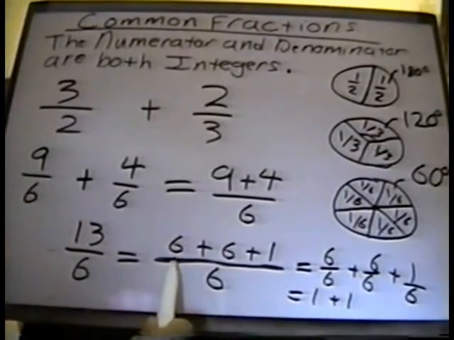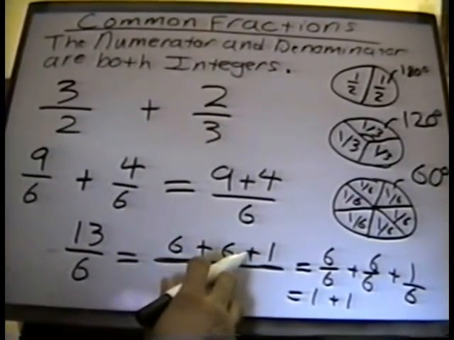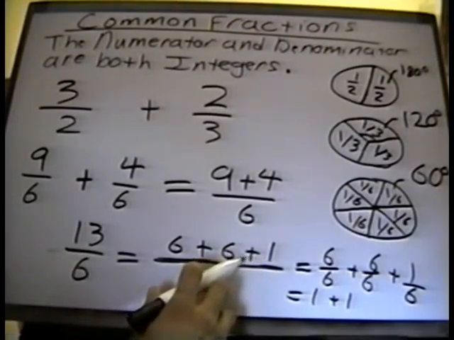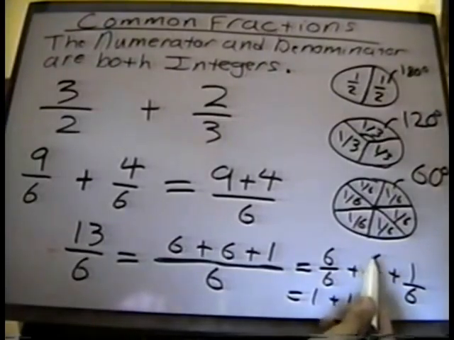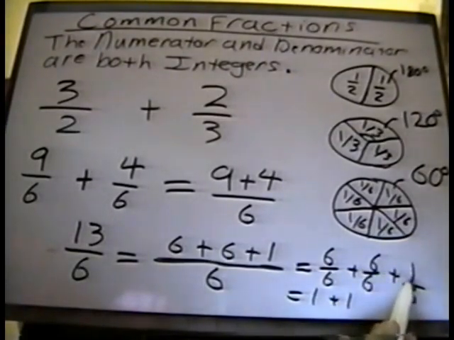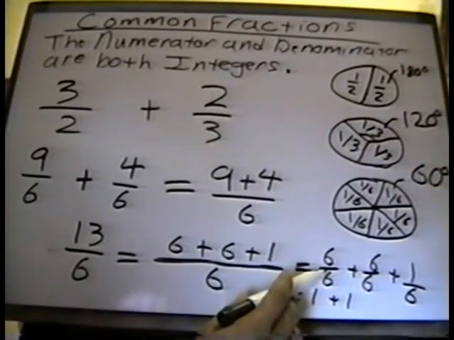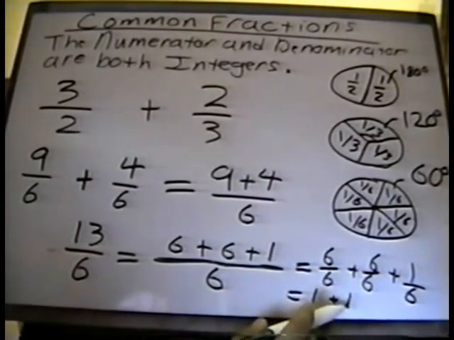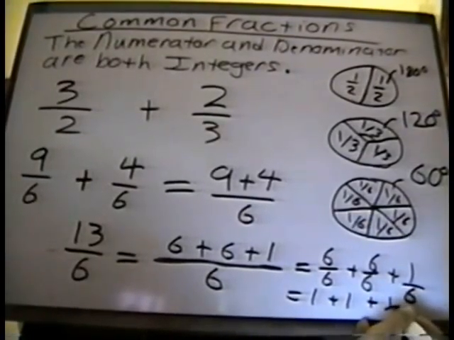You take 13, you say 6 plus 6 plus 1. You further break that down and say 6 over 6 plus 6 over 6 plus 1 over 6. Here the 6 over 6 becomes 1, and the other 6 over 6 becomes 1. And then we simply add 1 over 6.